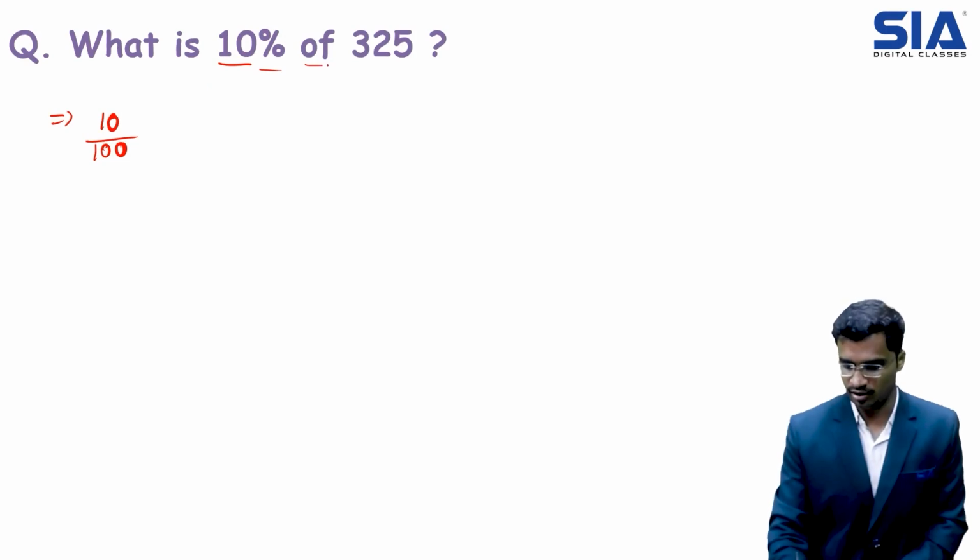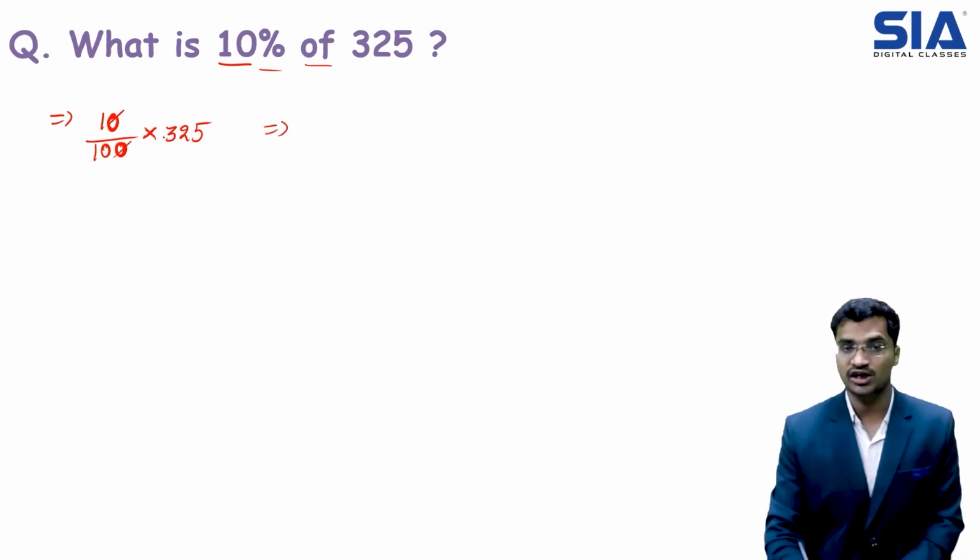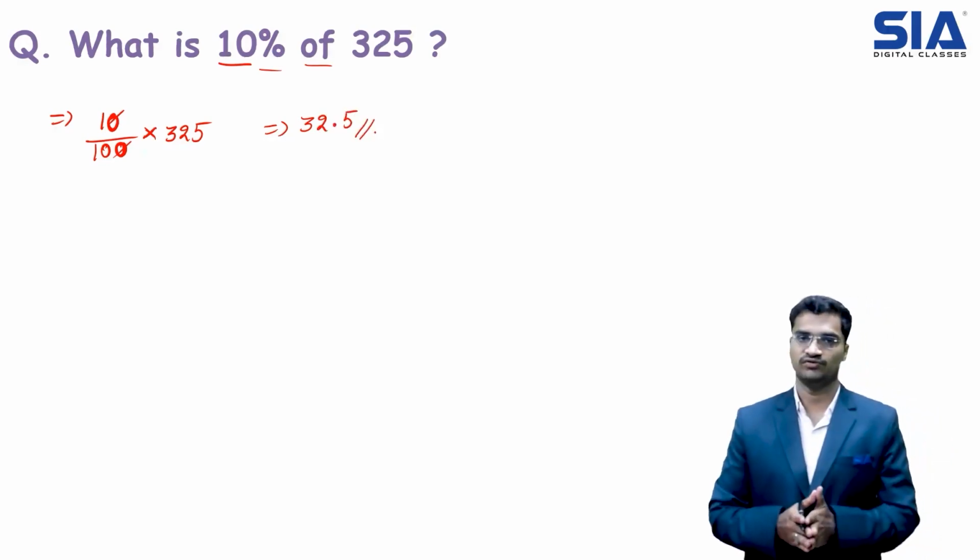And whenever we see "of", we have to write it as multiplication, then 325. So 0 and 0 get cancelled. 325 divided by 10 gives me 32.5. So our answer is 32.5.